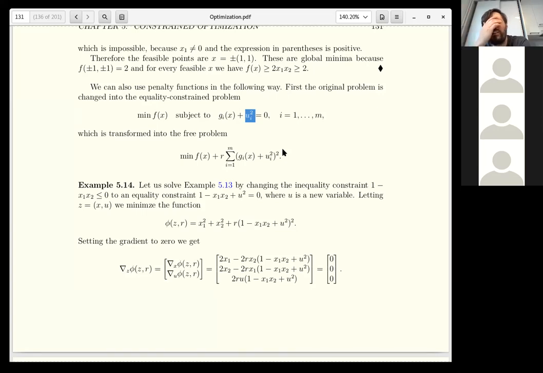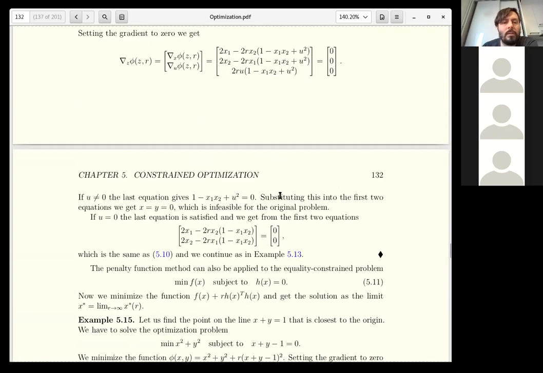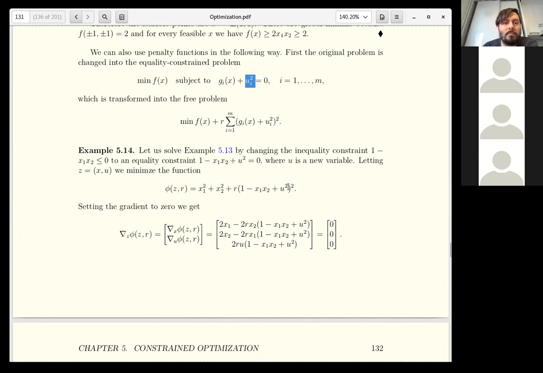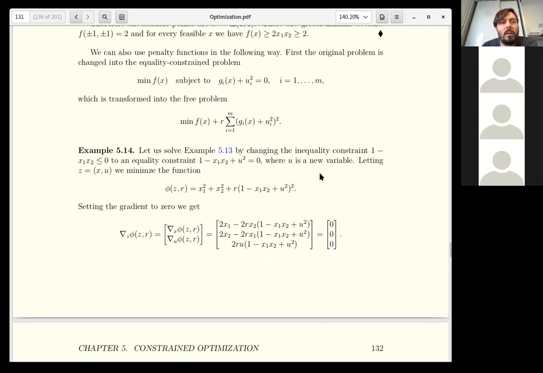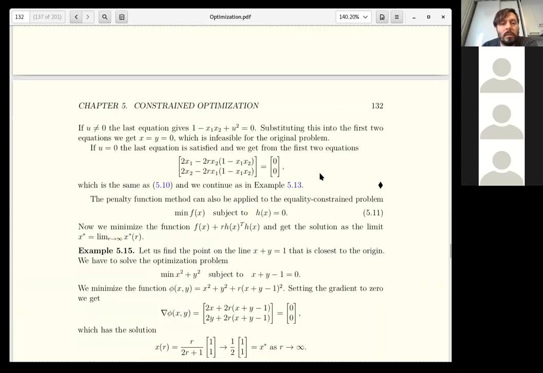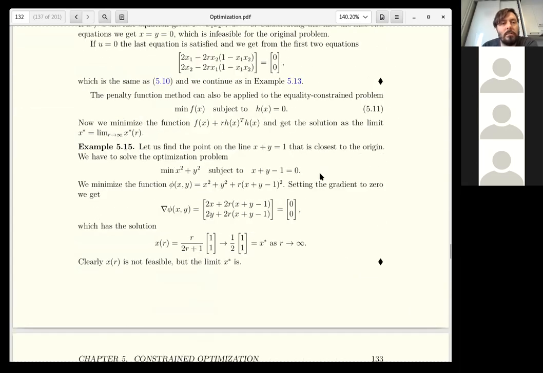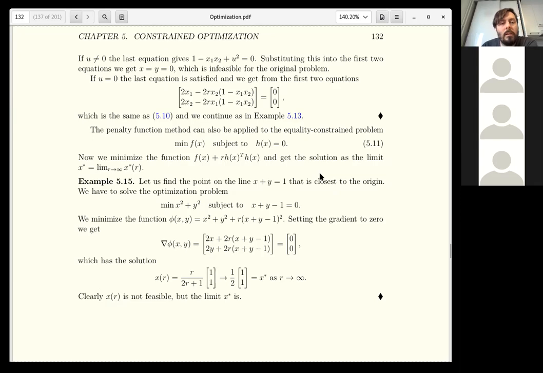In fact, in this case, U1 would be G1 plus U1. So this is to what extent are we inside the region, right? We calculate the penalty for that, then we can solve it. I'm not going to go into detail in this. There are various ways in which we can transform these inequality constraints into equality constraints. Not going to go into that in detail here.